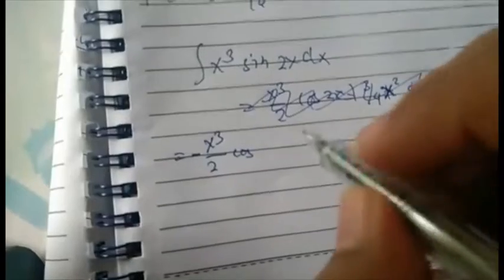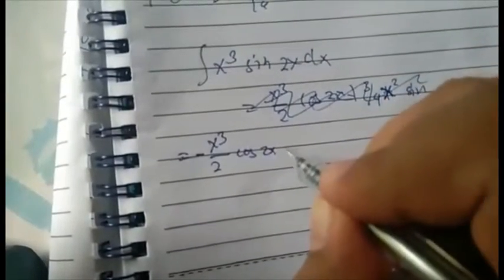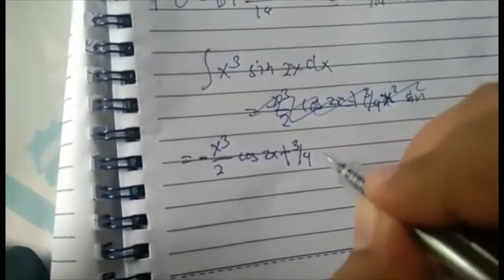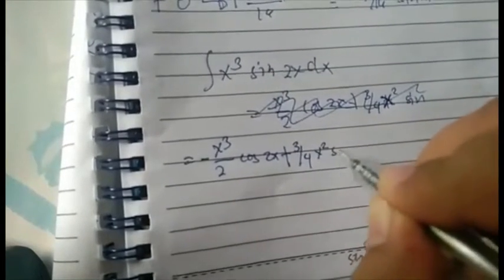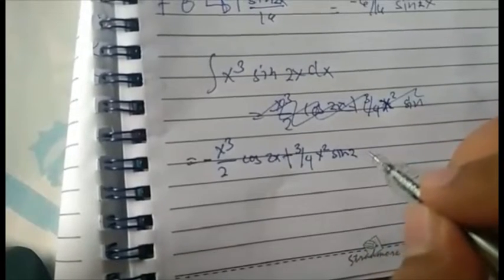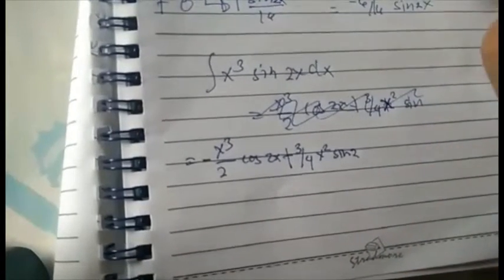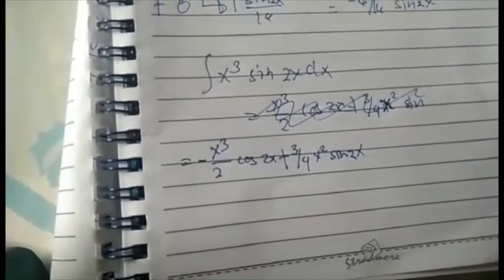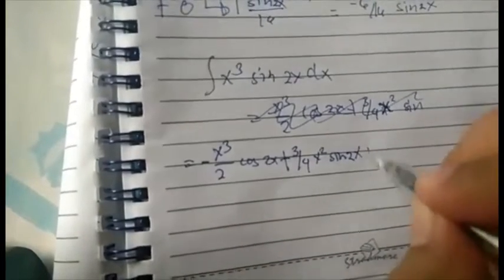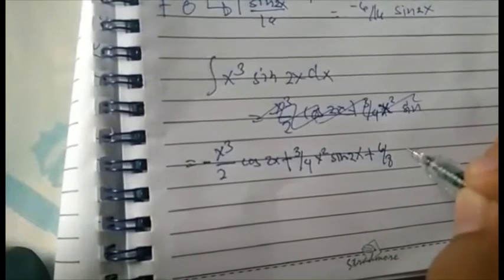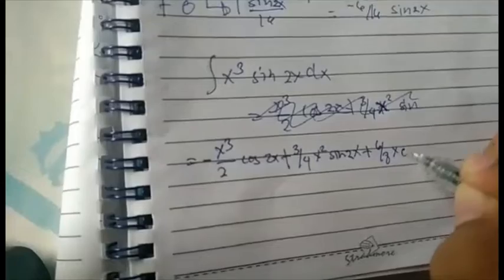By the way, our x cubed is negative, right? Sorry, negative x cubed over 2 cos 2x plus 3/4 x squared sine 2x, then plus 6/8 x cos 2x.